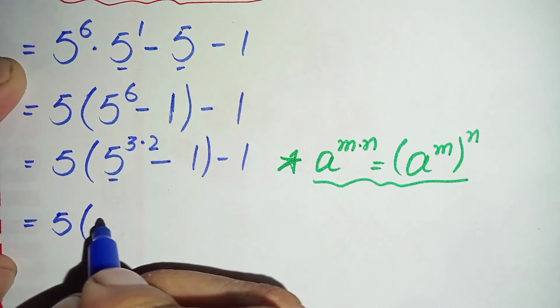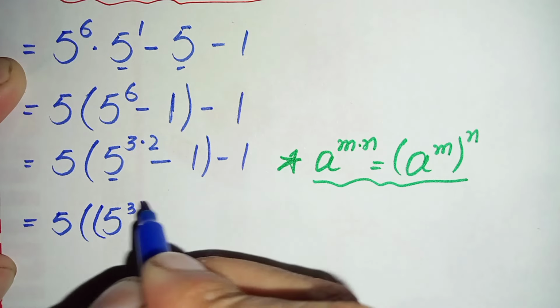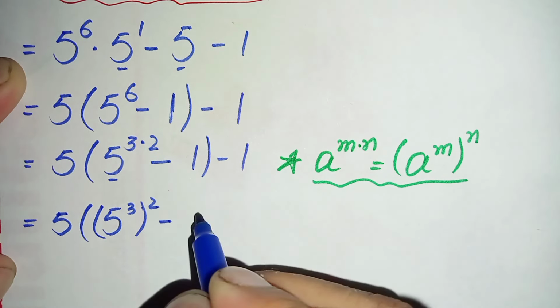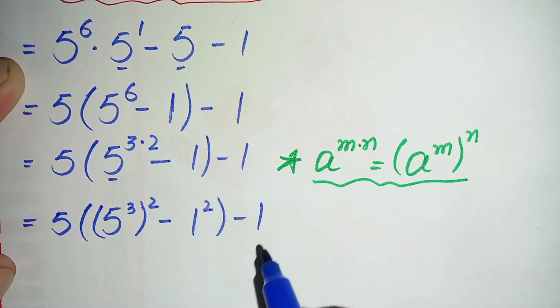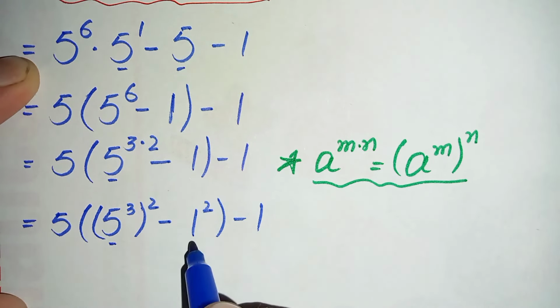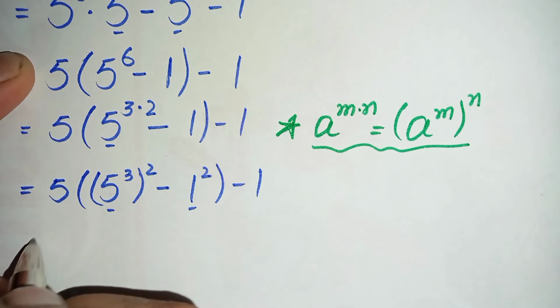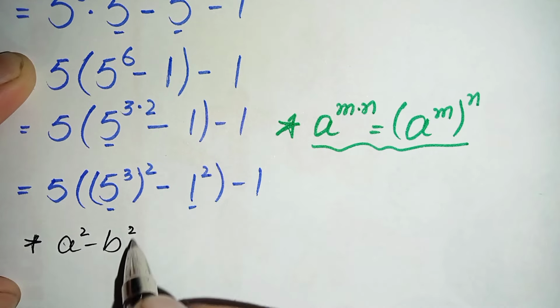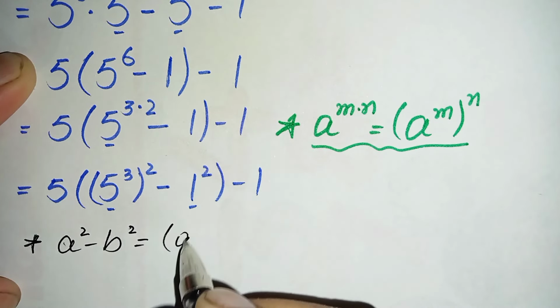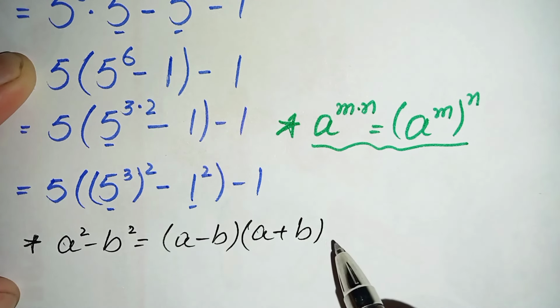So using this exponential property, this equation will become 5 times 5 raised to power 3 whole raised to power 2 minus, here we can write this one as 1 square minus 1. Now inside the parenthesis we will use an algebraic identity, a square minus b square, which is equal to a minus b times a plus b.